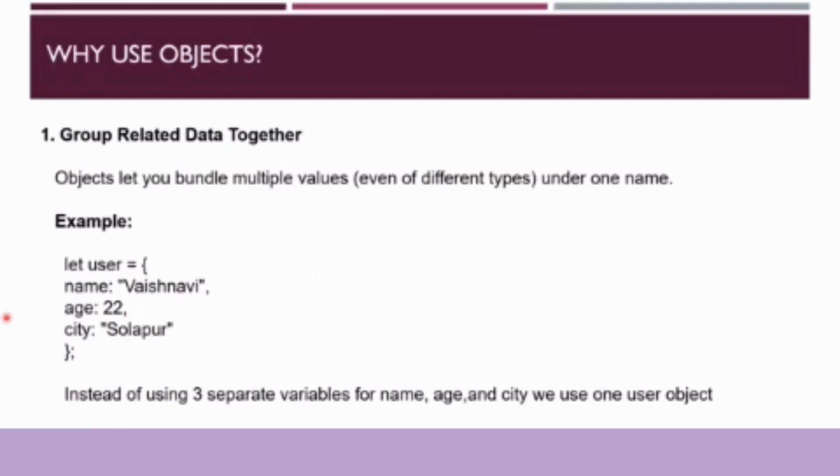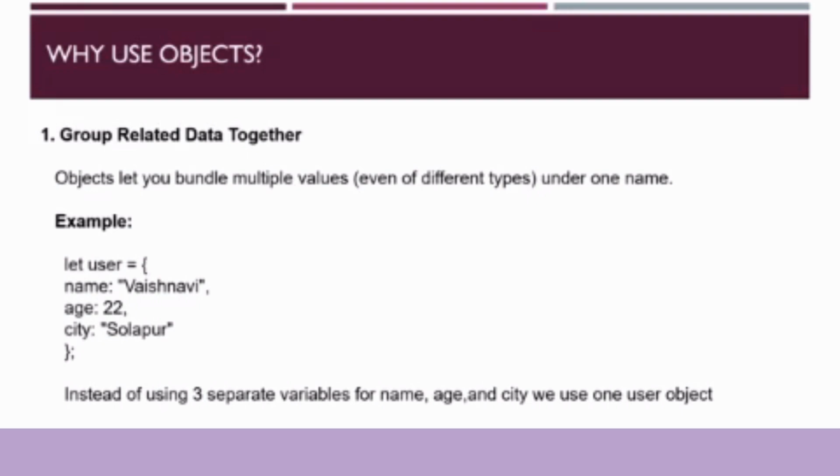That's where objects help us. We can group all this related data under one single object. This is a user. Now everything is neatly packed inside one user object. It's easier to read, easier to manage, and it makes our code more organized.